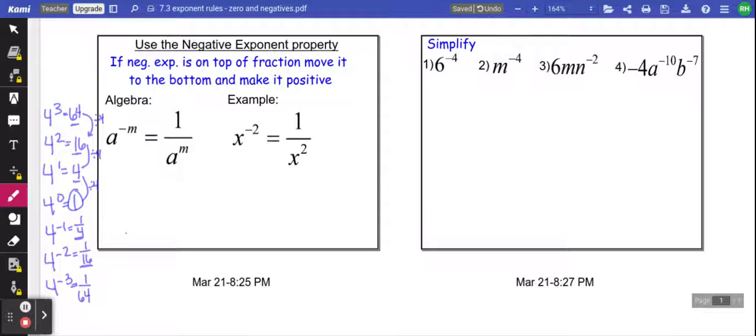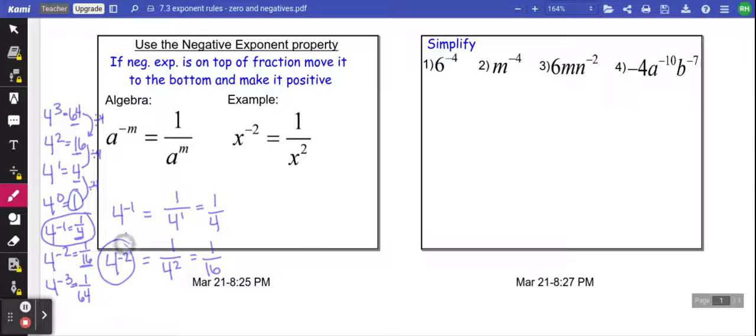So because it makes a fraction, our negative exponent actually goes to the bottom. So if you think about this guy here, 4 to the negative 1 is actually like 1 over 4 to the first, or 1/4, right? 4 to the negative 2 is actually like 1 over 4 squared, or 1 over 16.